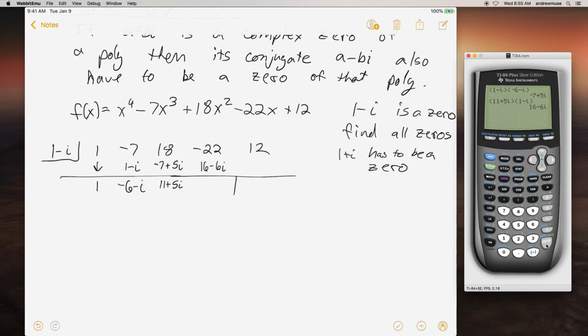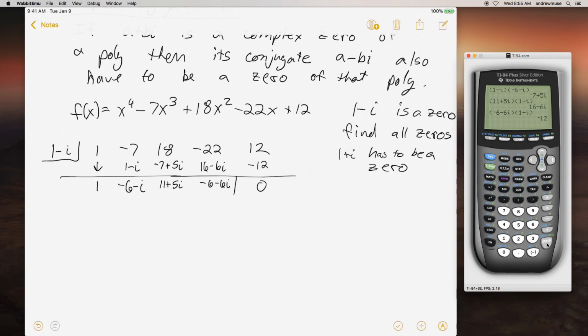Add just the real parts. Negative 22 plus 16 is negative 6. So then we need to do negative 6 minus 6i times 1 minus i. We should get negative 12, and we do, because we knew it was a 0.